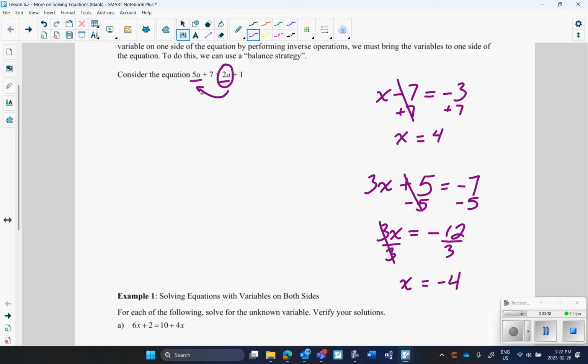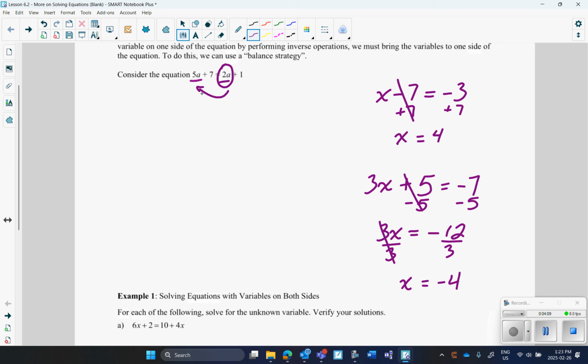You have to do something. It's actually very similar to what we do here. How do I get rid of 2A?